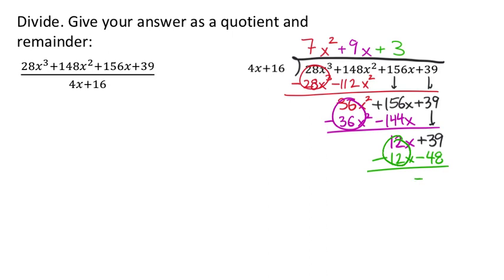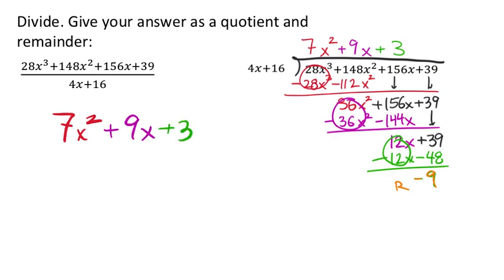39 minus 48 is negative 9. Again, well, that's my remainder right there. Remainder of negative 9. I'm going to change that color because it's kind of a different part there. So what is our final answer, our quotient? Well, it was 7x squared, positive 9x, and then positive 3.